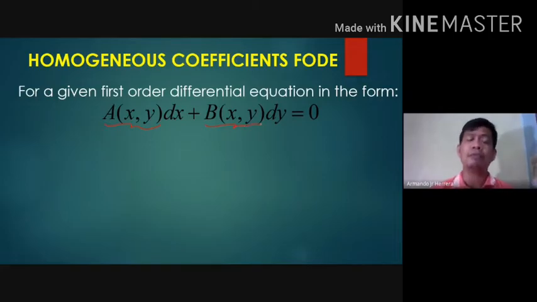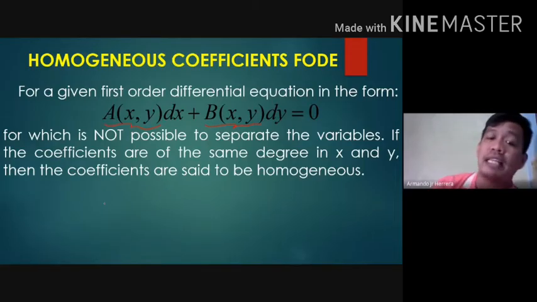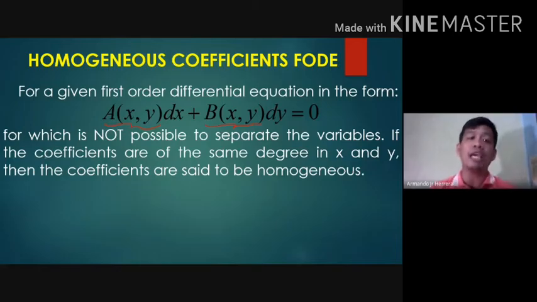So what if this general form of our FODE is not possible to separate the variables? So hindi siya pwedeng maging purely function of x or maging purely function of y by dividing a certain function. So if the coefficients are of the same degree in x and y, then the coefficients are said to be homogeneous.